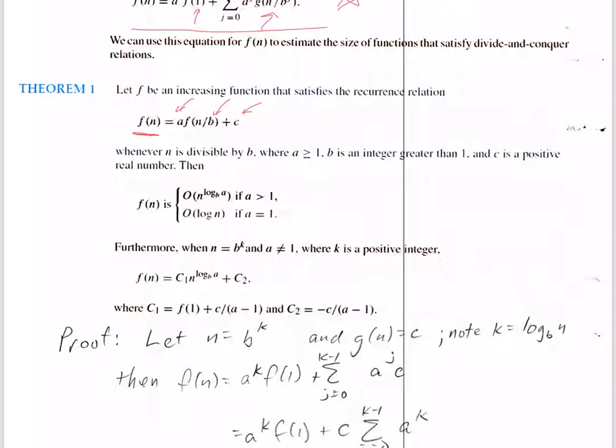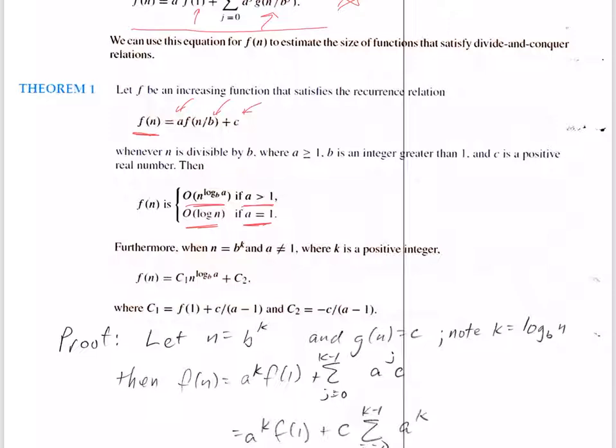All right, and then for this we have, if a is equal to 1, like it was for the binary search algorithm, then the big O is log of n. And if a is greater than 1, we've got more than one subproblem, then f(n) is big O of n to the log base b of a.